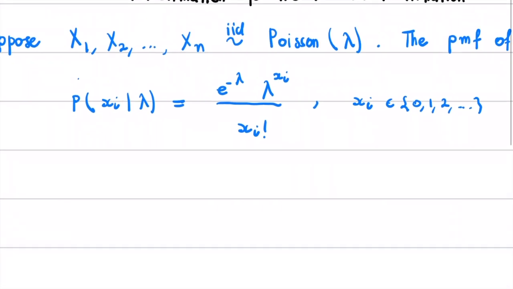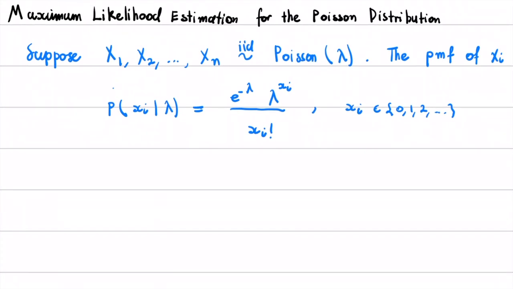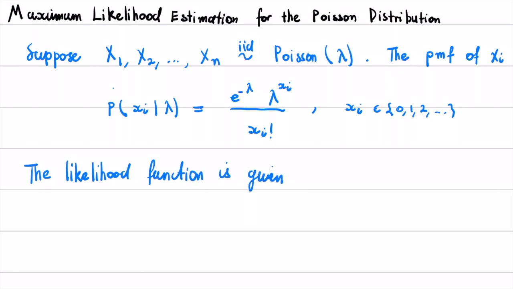So what do we first have to do? Well, the first thing we have to do is compute the likelihood function. So the likelihood function is given by, well, what we do is we take all the parameters, well, there's only one parameter in this case, we're dealing with a single dimensional case, so we've got L, the symbol for the likelihood.